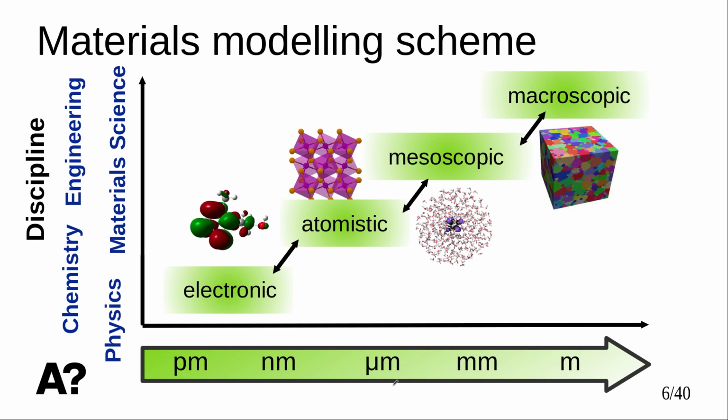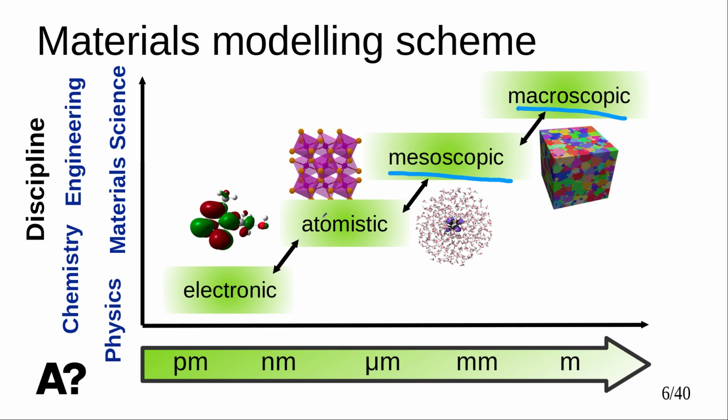Those are taking place in a quite small range, right, in picometer and attometer, angstroms, and in the nanometer regime. But we might also be interested, especially if we go towards larger systems and simulating and modeling whole devices, and then we are more into this mesoscopic and macroscopic regime.